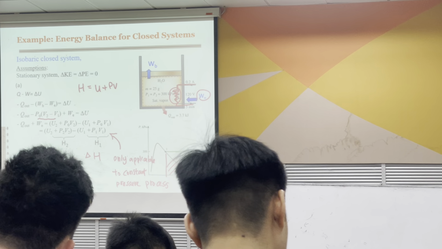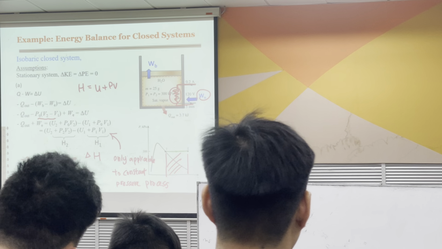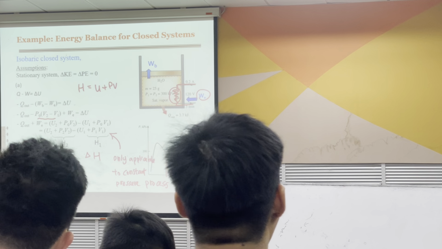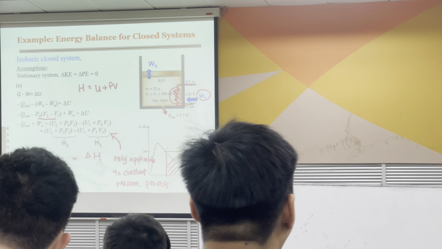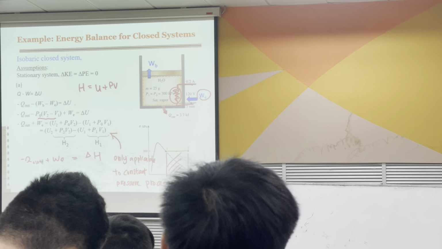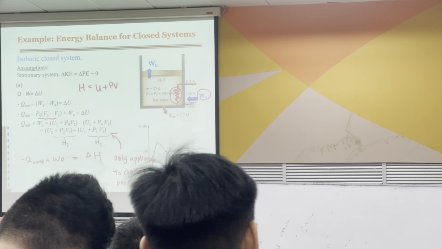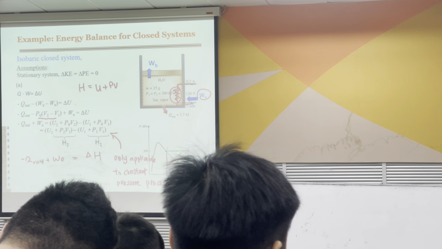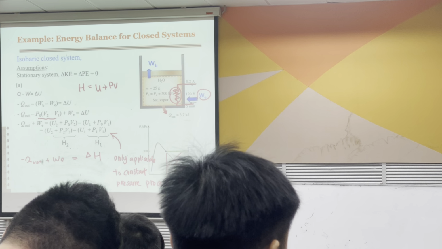It also doesn't matter whether we are dealing with boundary work in or boundary work out. Regardless, the value will be the same. If you come across such a question in a tutorial or example, you can compare. You do both methods, and there might be a very slight difference, but not a very significant one, so you will see that the value is the same.